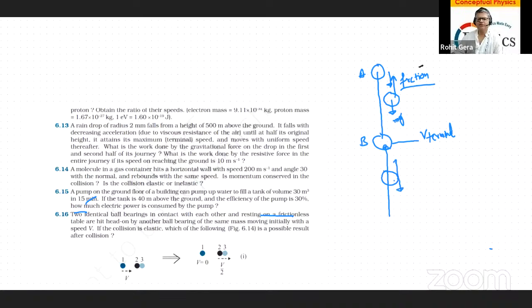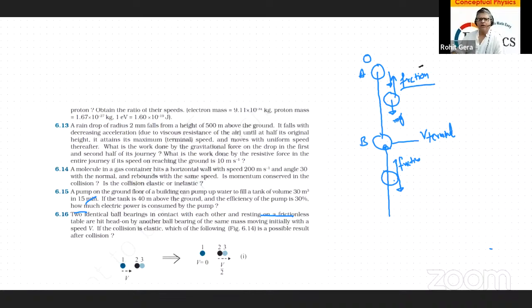So the frictional force is variable 100%. In the first part the frictional force loses the battle, the weight continuously accelerates it, and it starts from rest and drops. It accelerates, not with 9.8 obviously because it is under the influence of friction. So the acceleration is less than 9.8.